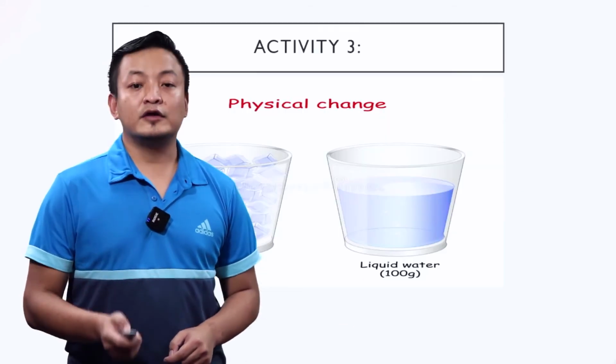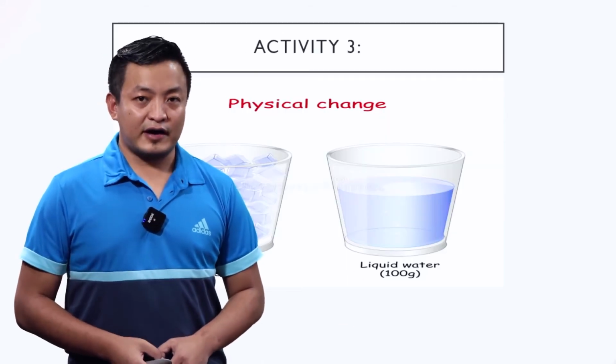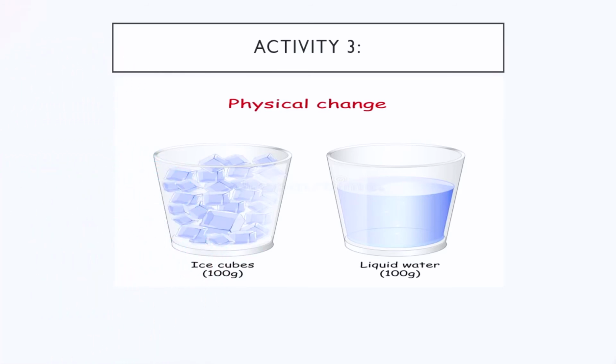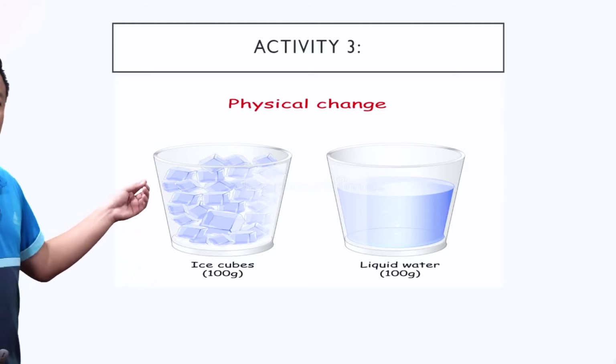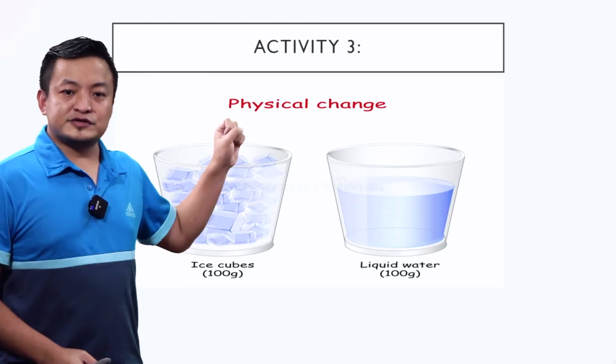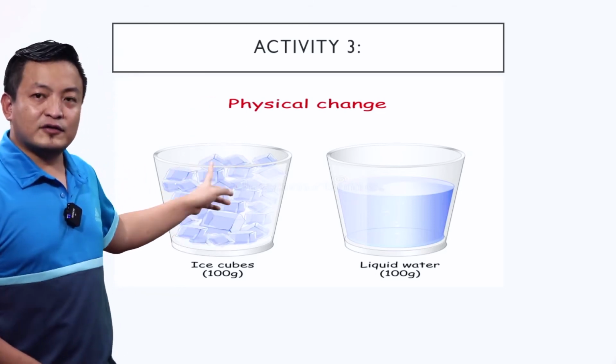Now, we will see another activity here, the third activity. So you can have a look, students. In this first glass, we have put some ice cubes. Ice. So students, it is in what state?